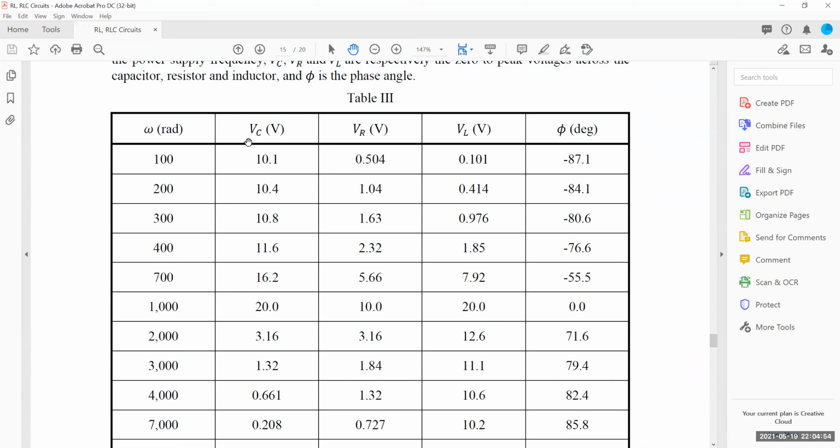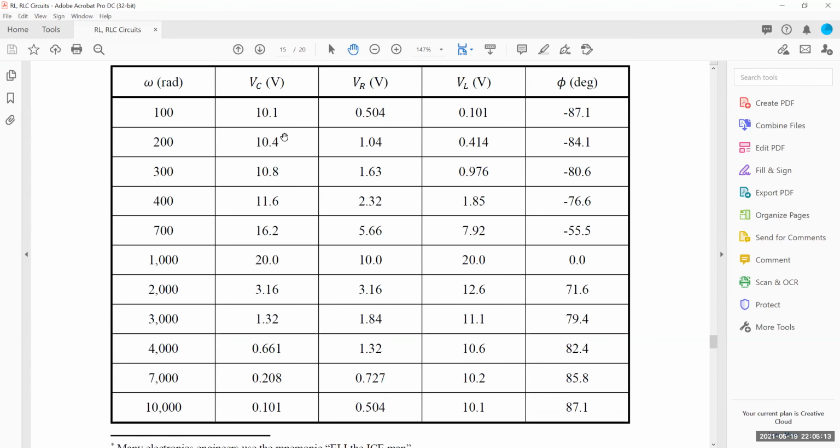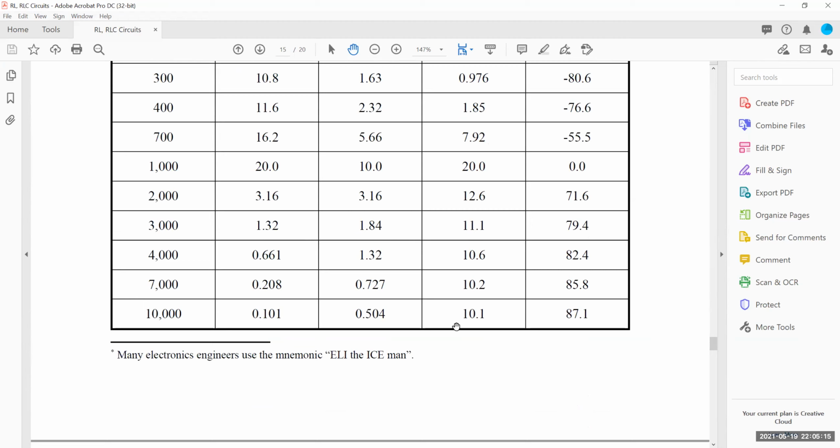So the square root of VC squared plus VR squared is just this value now, okay? The square root of 100 squared plus 0, which is basically going to be just about 100. So this voltage in here is about 10. Square root of 100 is about 10. And for high frequency, it's the opposite.